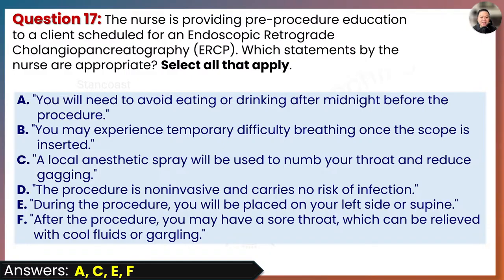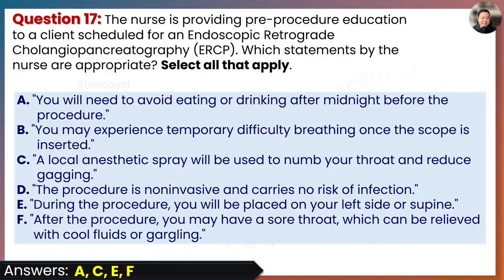Letter A, the patient should remain NPO after midnight to prevent aspiration during sedation and endoscopic insertion. Letter C is also indicated. A lidocaine spray is applied to the pharynx to suppress the gag reflex, and this will make the insertion of the endoscope much more tolerable.